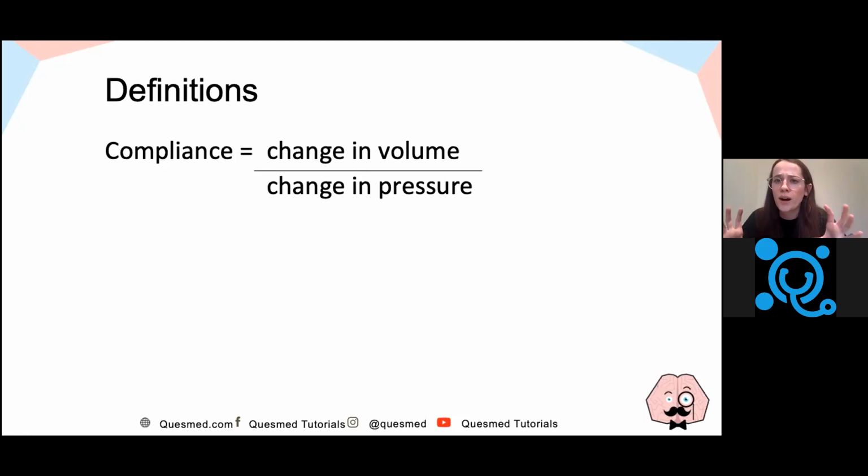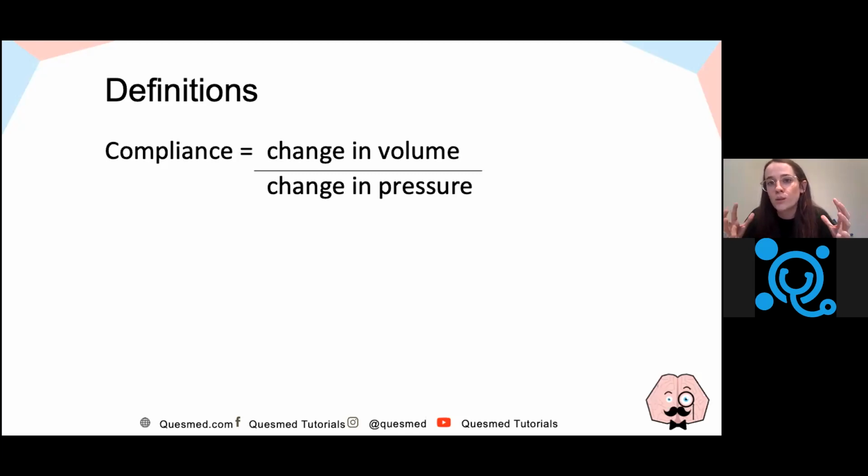If you think about how much effort, how much pressure you're putting in at the start to get a very small change in volume of blowing up that balloon, the compliance is really low at that point because the change in volume is small for the amount of pressure that you're applying to that balloon. As you continue to blow that balloon up, the balloon becomes more compliant because you're having to put in very little effort to get large changes in volume.